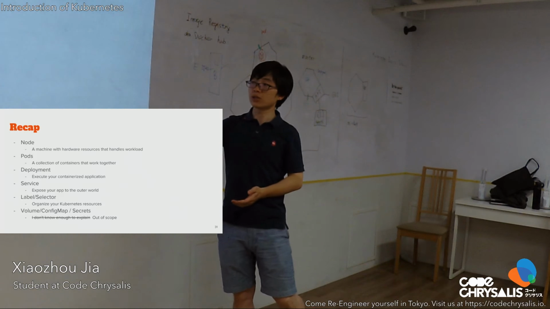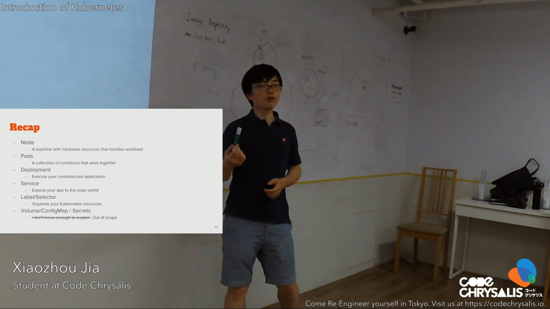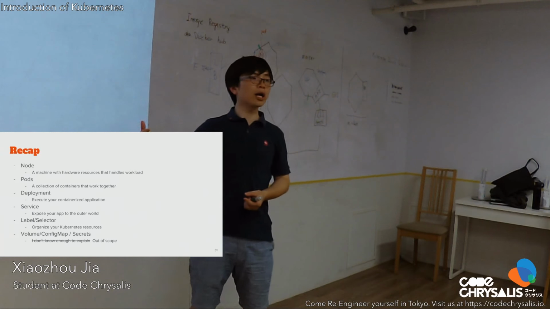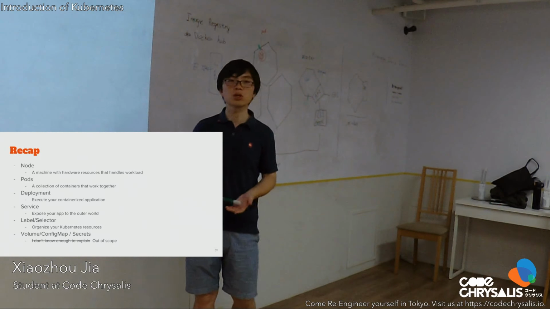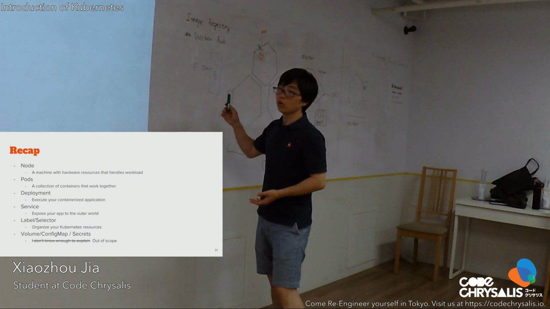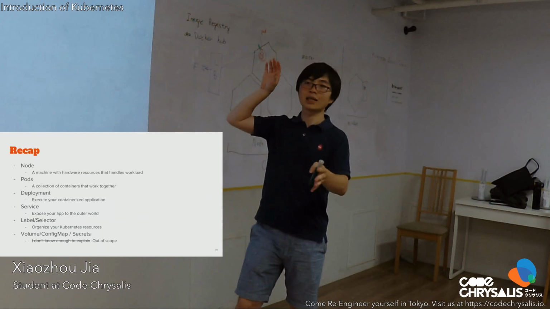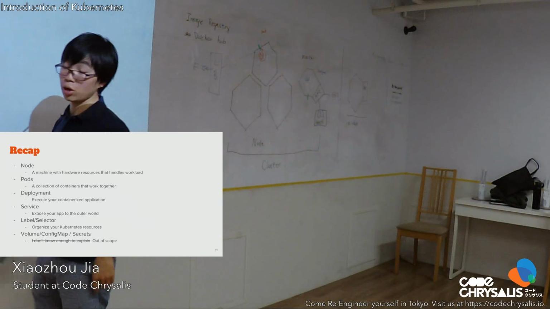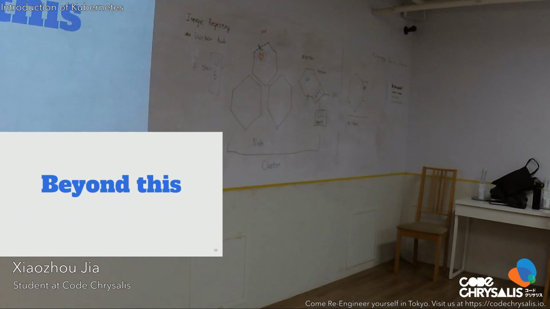Config map and secrets are the ways that we use to expose, for example, database passwords, database URLs, or message queue URLs, endpoint URLs, that kind of thing. So when we develop on local machine, database is here, but on Kubernetes it's somewhere else. So config map and secrets are used to handle those environmental differences.